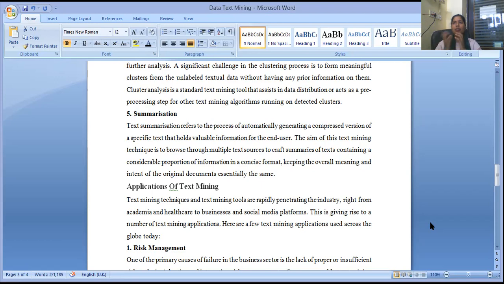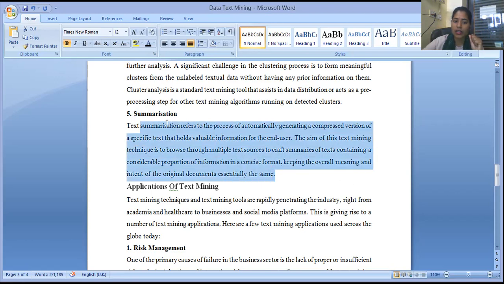You summarize that huge amount of data into a concise format, and that concise format will be used for the relevant purposes, isn't it? It keeps the overall meaning of the data we have got from the different resources, essentially the same as the original documents.